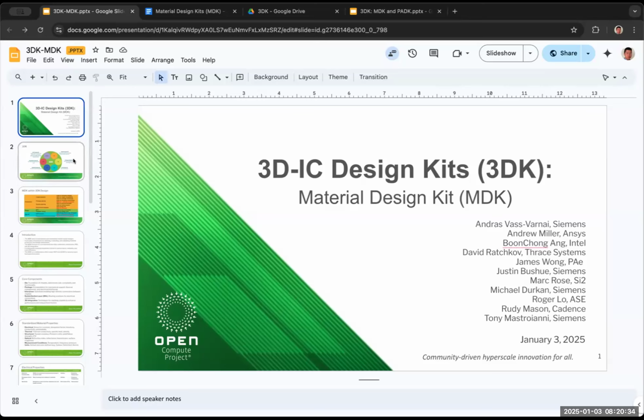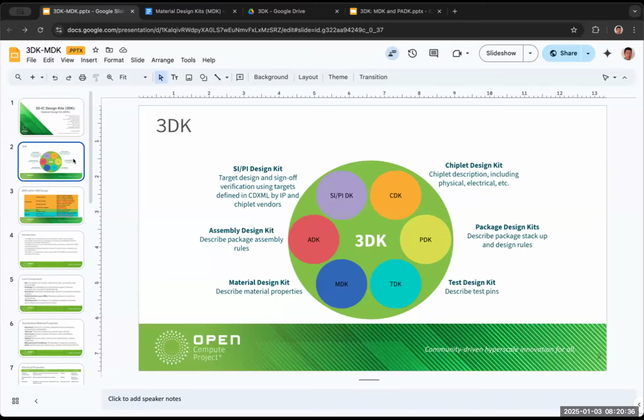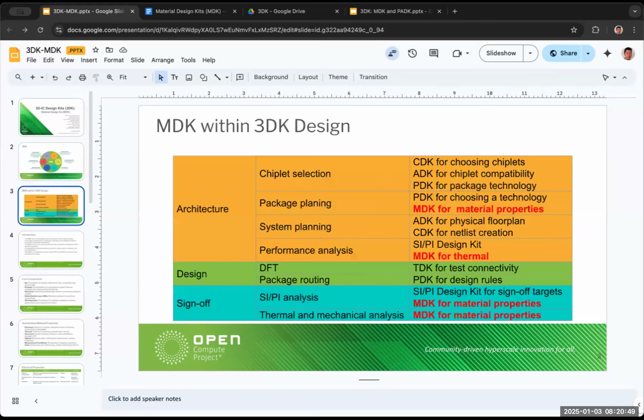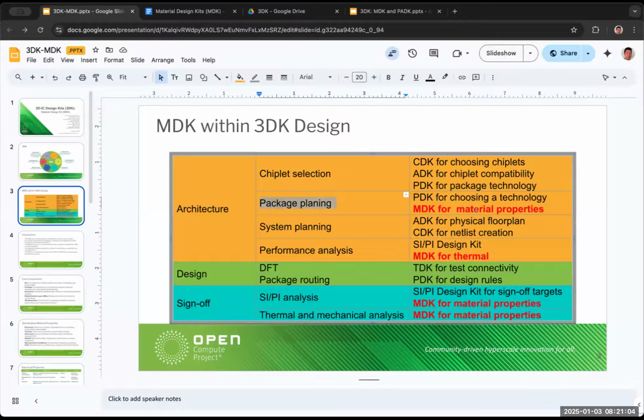Let's start with the 3DK. You probably have been introduced to it in talks before. This is under the big umbrella: the MTK is part of the 3DK. I want to highlight again that the MTK is used for materials in many places, mainly focused on the architecture side, the packaging planning highlighted here.